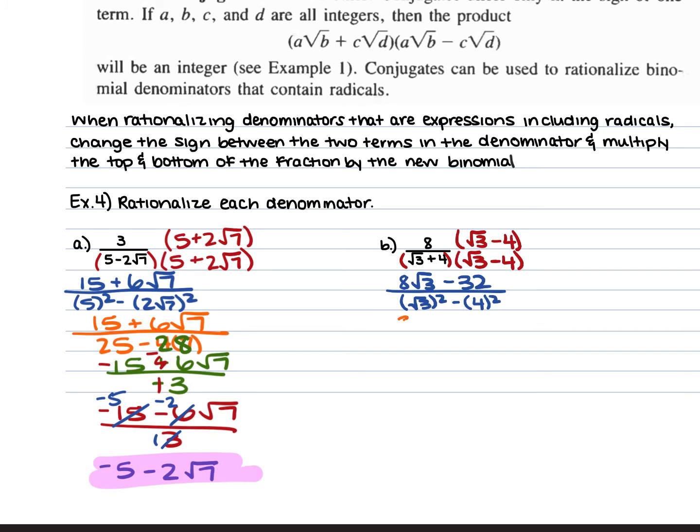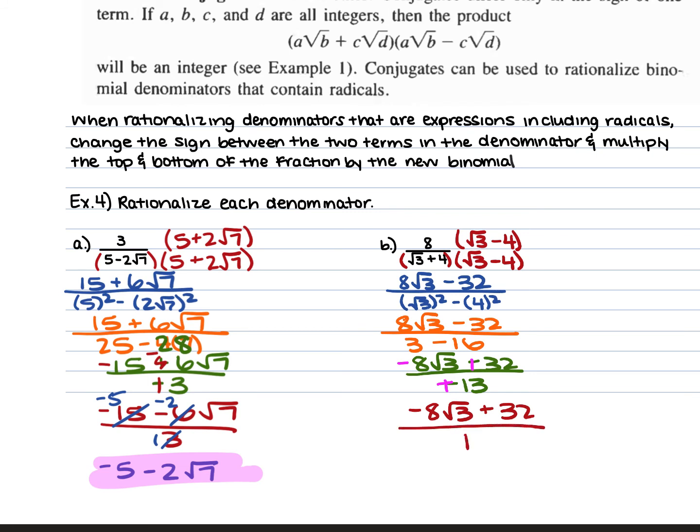This is going to simplify to be 8 square root 3 minus 32 over 3 minus 16. The 3 minus 16 gives us negative 13, so that's 8 square root 3 minus 32 over negative 13. We change the signs on these, so this is going to be negative 8 square root 3 plus 32 all over 13.